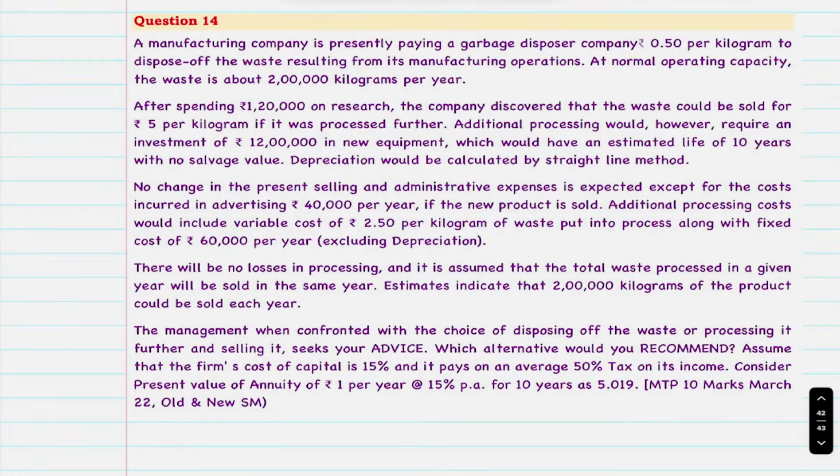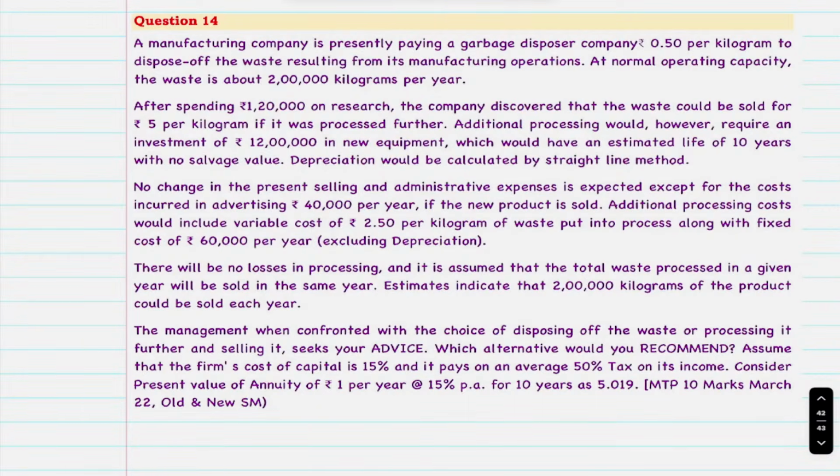After spending rupees 1,20,000 on research, company discovered that waste could be sold for rupees 5 per kilogram if that was processed further. Additional processing would, however, require an investment of rupees 12 lakh in the new equipment which would have an estimated life of 10 years, 1,20,000 depreciation per annum.